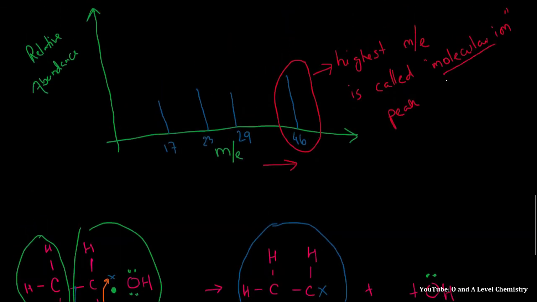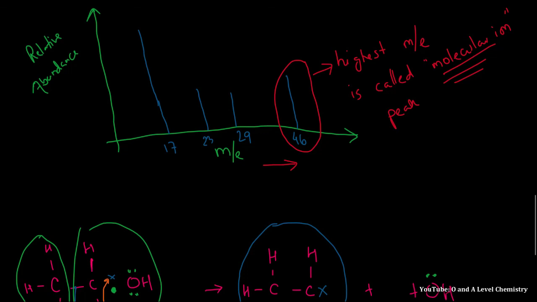Again, the molecular ion peak is not the tallest one. I don't care about the abundance. As it's a probability, it could happen that the 17 peak is the highest. It doesn't matter. We don't care about the height.